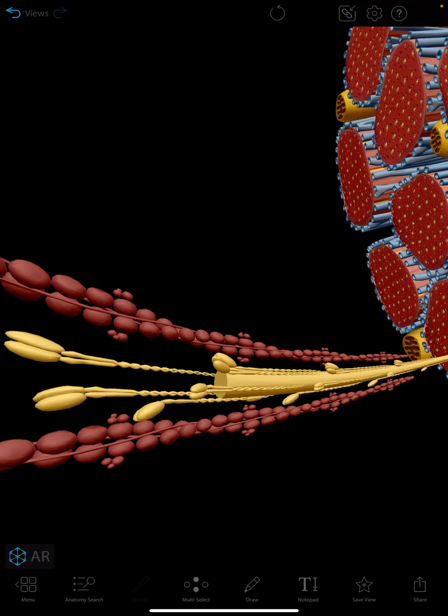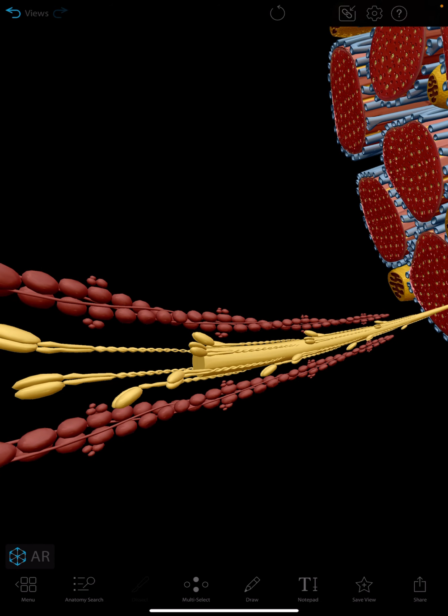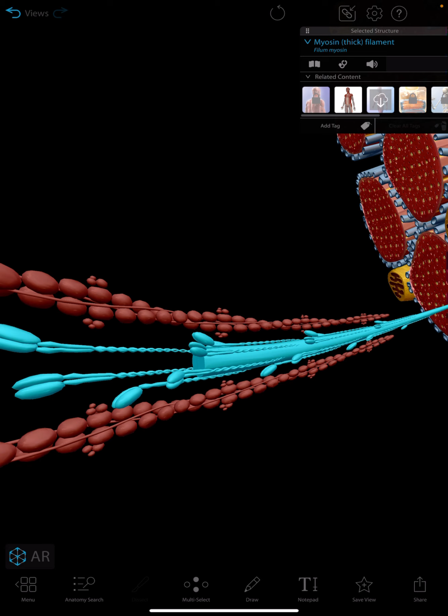There are several myofilaments, but the two main ones are called actin and myosin. This yellow one is the myosin. If we click on it here, this is our myosin. It's also sometimes called the thick filament because it is physically larger, thicker than the actin. So if the myosin is the thick filament, you can probably guess what the actin is called.